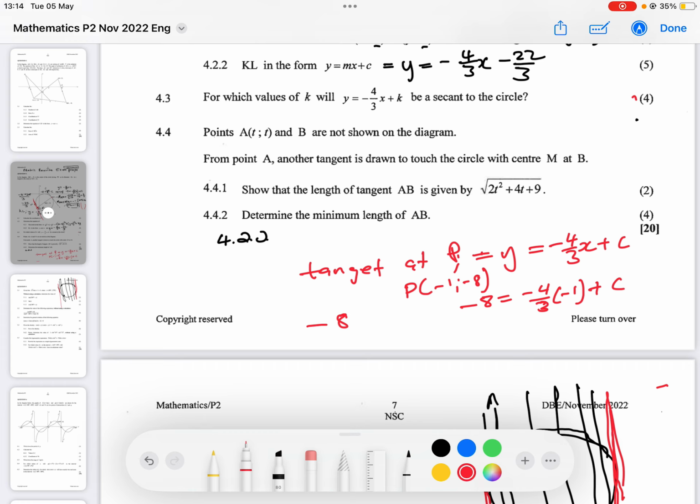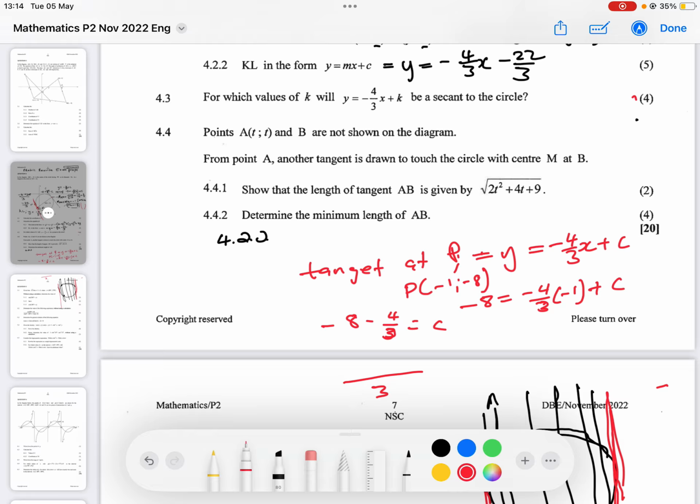It will be minus 8, the one negative again, minus 8 minus 4 over 3 equals c. Now solve 3 into 1, 3 times that one.